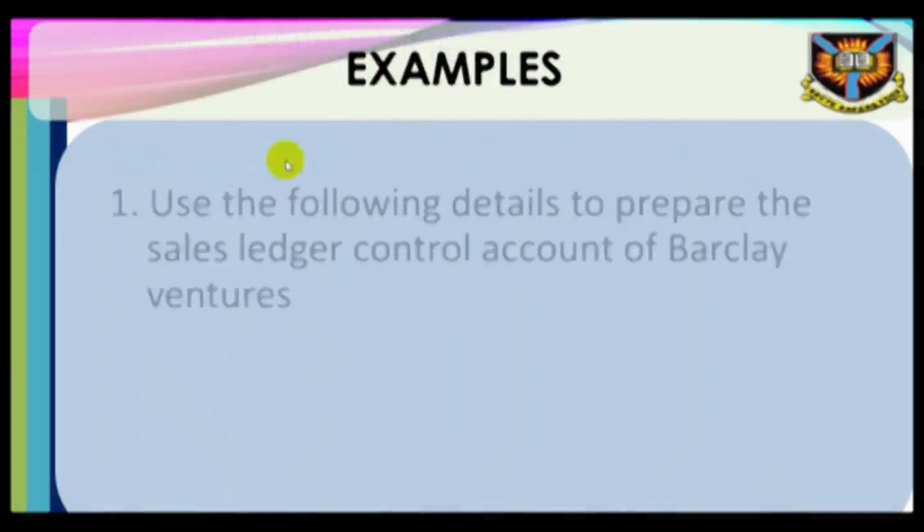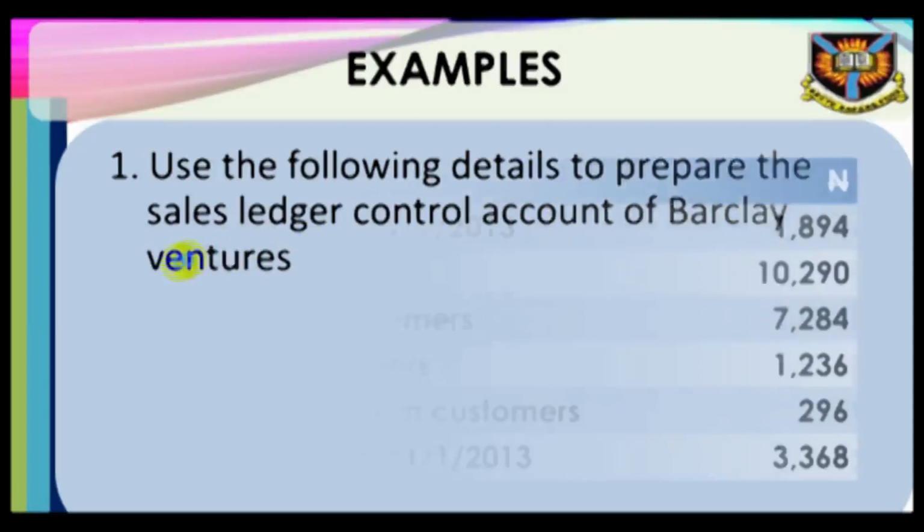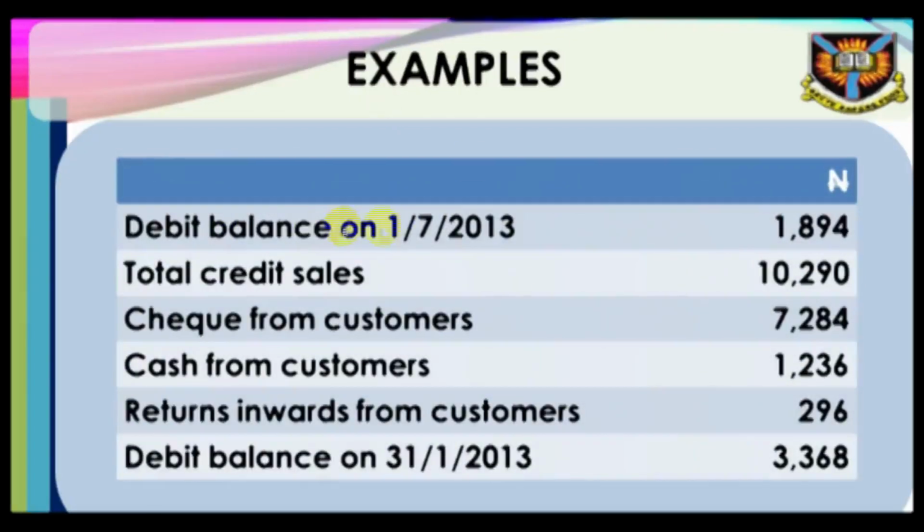Example: use the following details to prepare the sales ledger control account of Barclay Ventures. Debit balance on 1st of January 2013, 1,894 naira. Total credit sales 10,284 naira. Check from customers 7,284 naira.